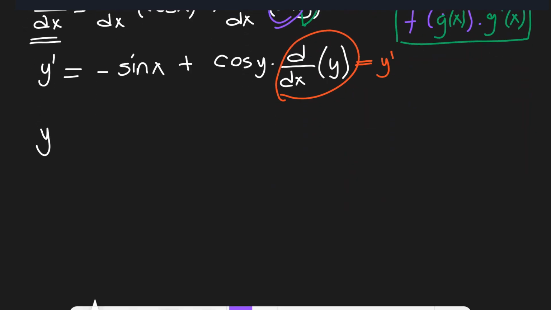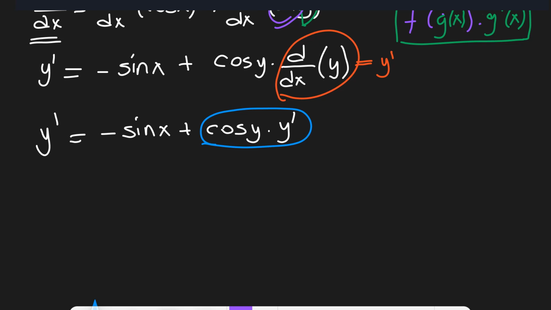Now, time to solve for the derivative of y. To isolate y prime, subtract this term from both sides.